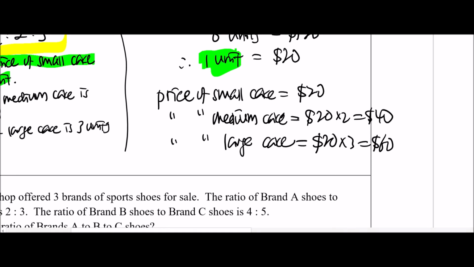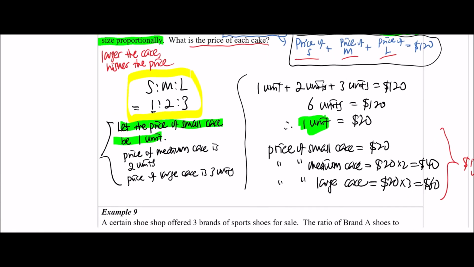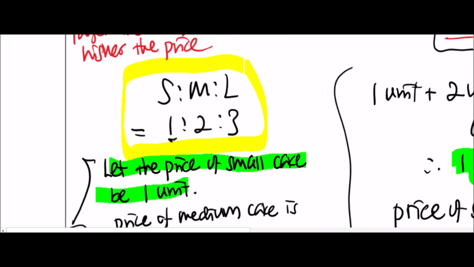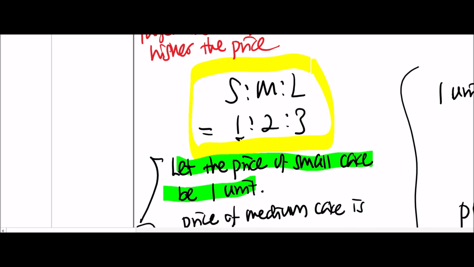So how do I know my answer is correct? I can check: 20 plus 40 plus 60, total is $120. Check, no problem. So that's it. From this example, you can see that when we have a ratio 1:2:3, essentially it's like comparing a number of units.